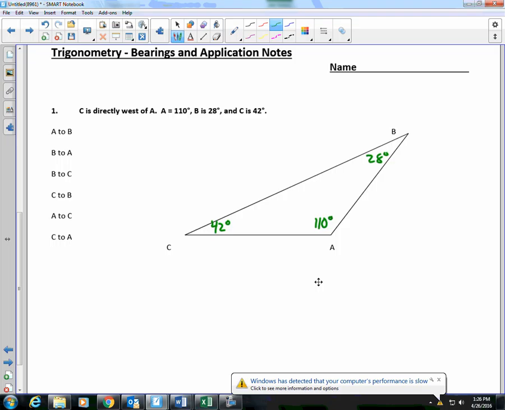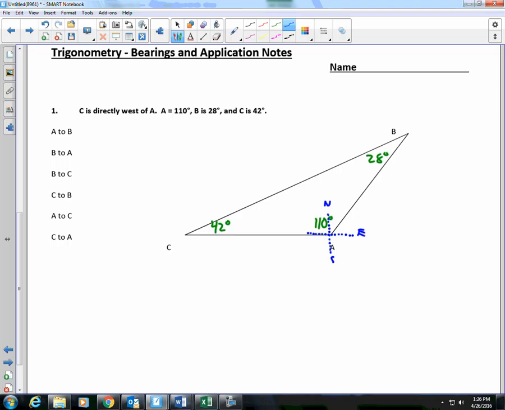So, if I am standing at A, and draw a little compass. This is north. This is east. This is south. This is west.